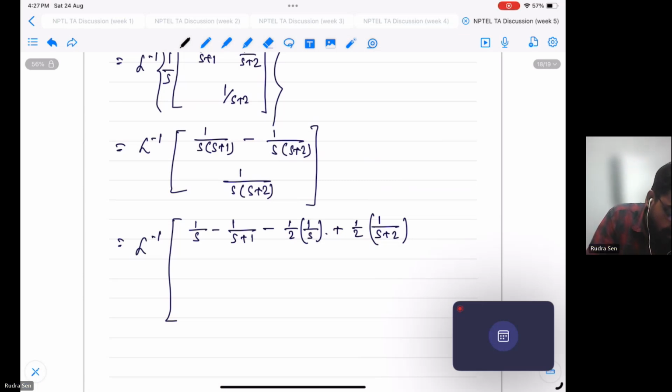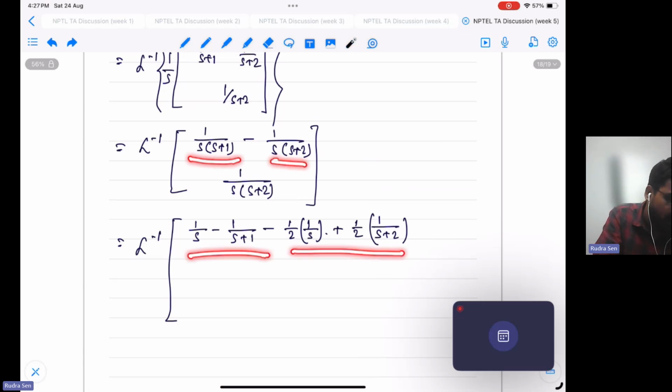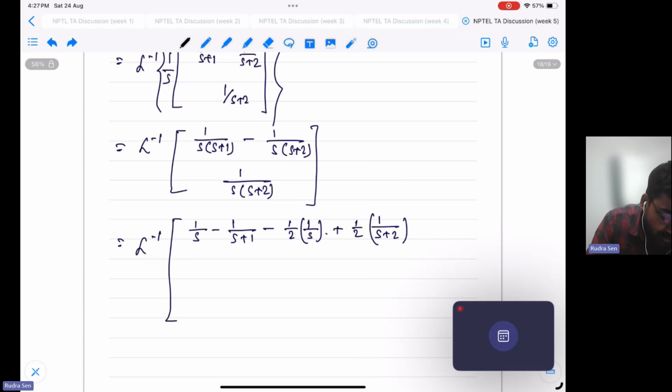So over here what I did is I just split it. This two term, I just split this term into here and this term into this term. Nothing exceptional. And this is basically half into 1 by s minus 1 by s plus 2.